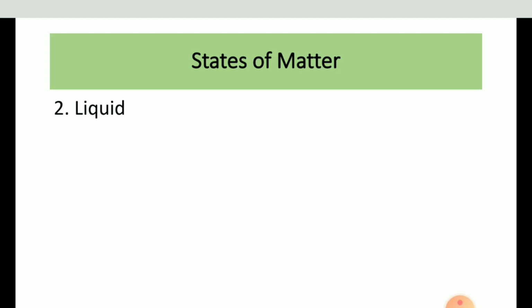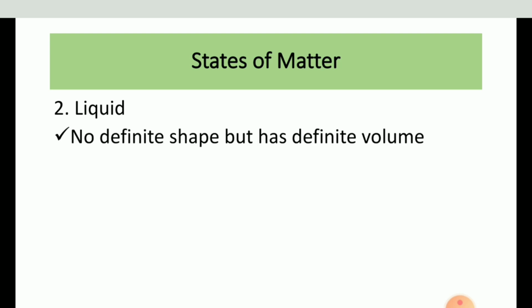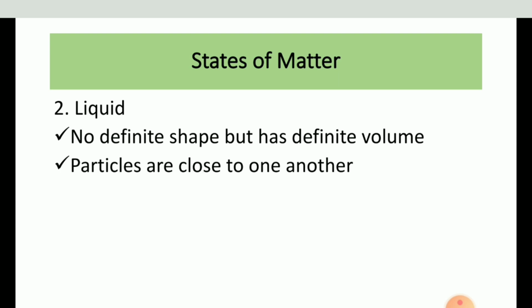Next, we have the liquid. A liquid has no definite shape but has definite volume. The particles in a liquid are close with one another but not as close as those in a solid. The particles are not arranged in a rigid or orderly manner.